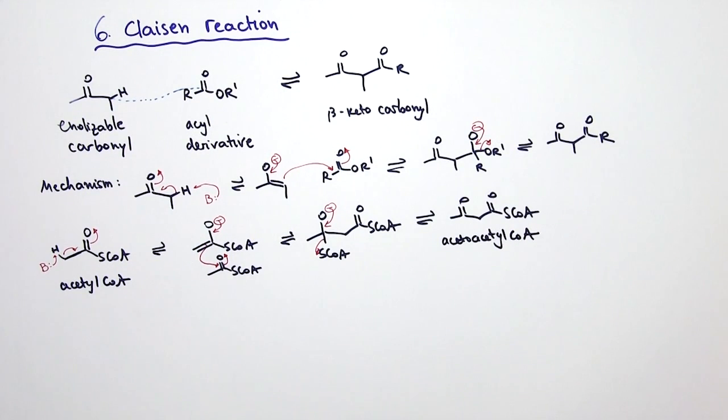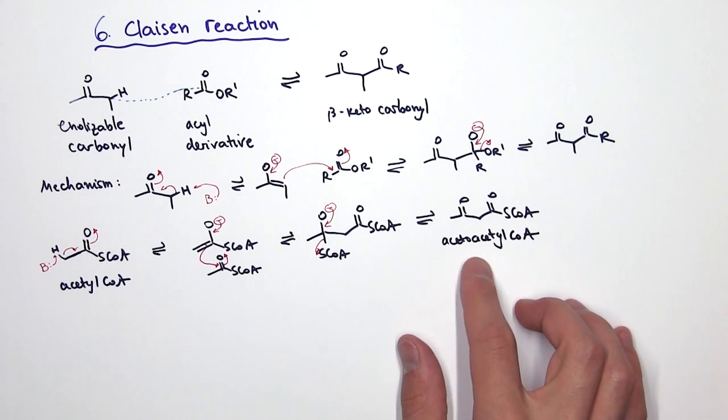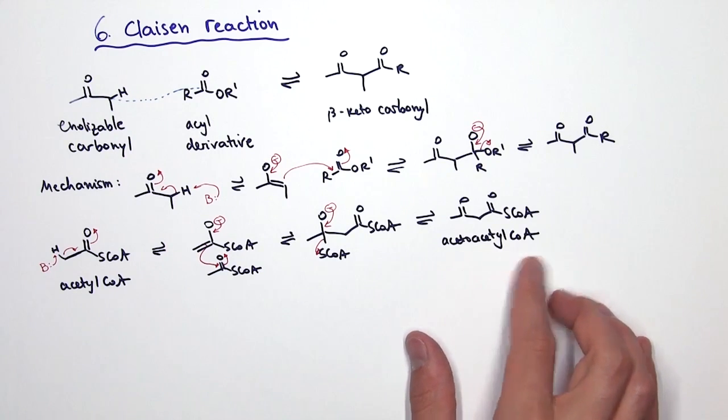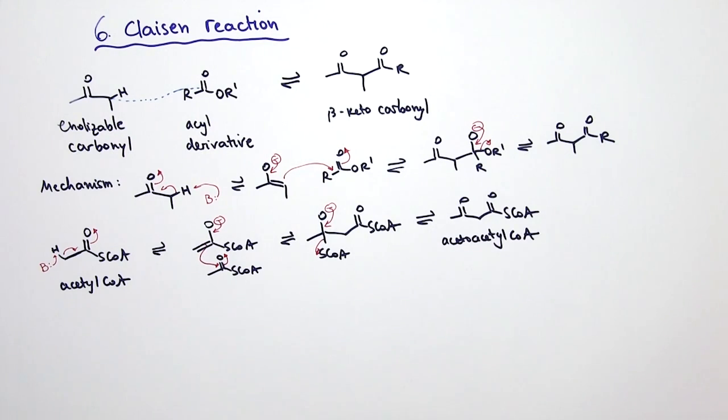As we will see later in the course, this is a precursor to formation of ketone bodies, one of the ways in which acetyl-CoA can be used to store energy.